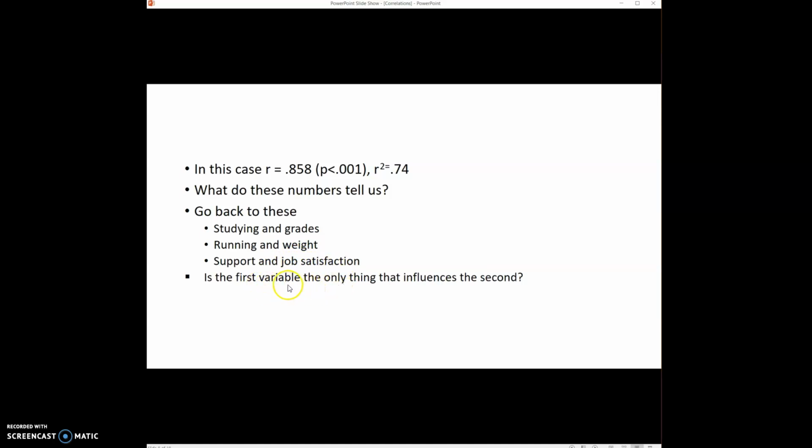In other words, is the first variable the only thing that influences the second? No, there's not. There are other things that affect this. So on this, this part explains 74% of this part if this was tied to that. What explains the grades that we don't know is the unexplained variance.